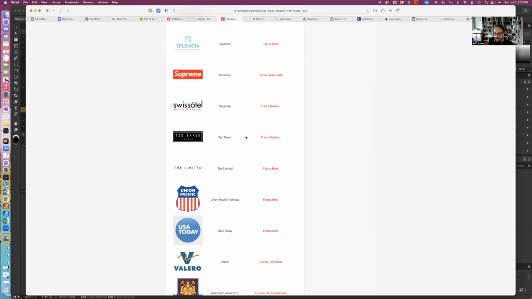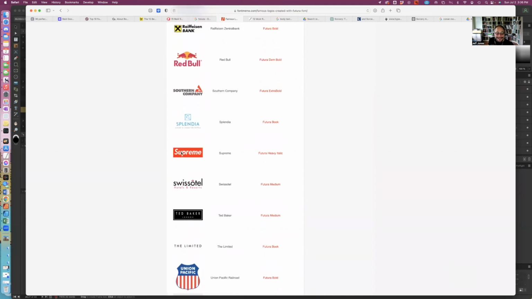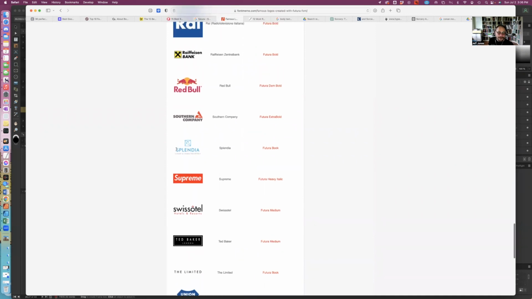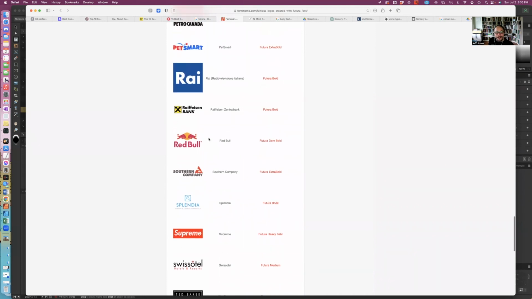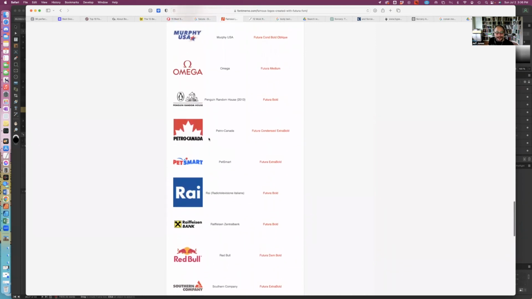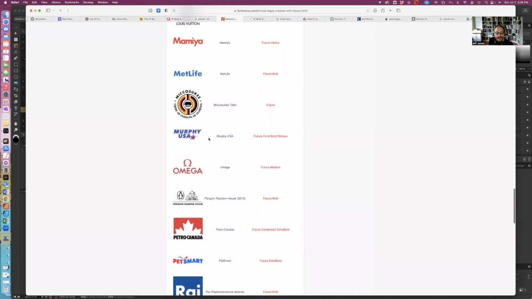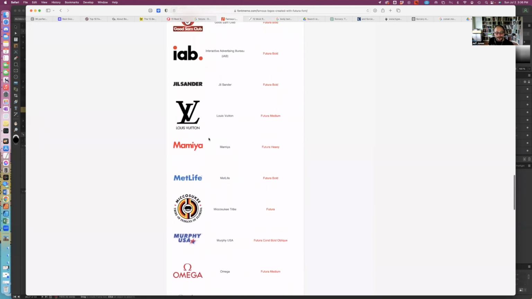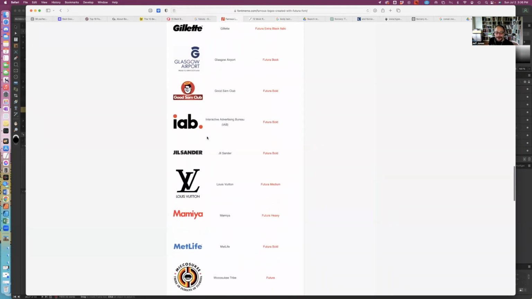So from condensed to italics to bold to medium to whatever, you can adjust the spacing in between the letters. You can use all caps, small cap, whatever you want to do, and you'll notice that it creates a similar kind of feel, but there's a lot of variety that can be done.